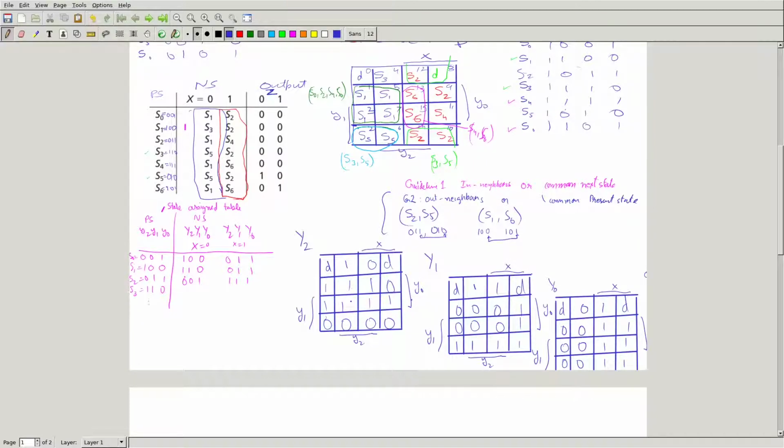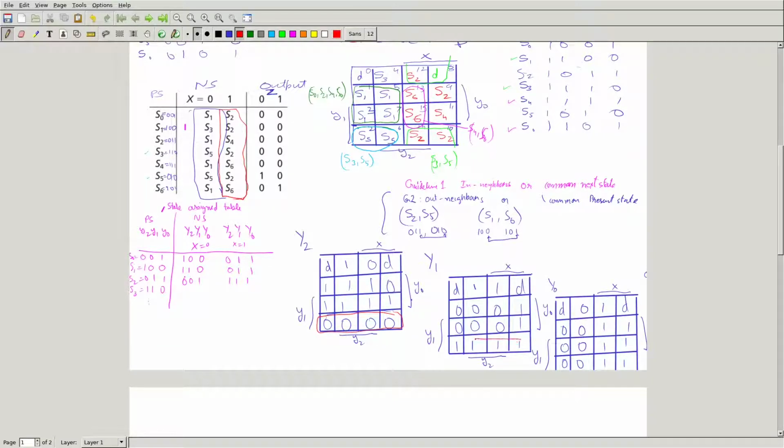So here you have S2 and S5. If you focus on wherever S2 and S5 were there as next states, they were always adjacent to each other. For example, here S2 and S5 are adjacent to each other. Because S2 and S5 differ only by 1 bit, wherever they don't differ creates a big group.